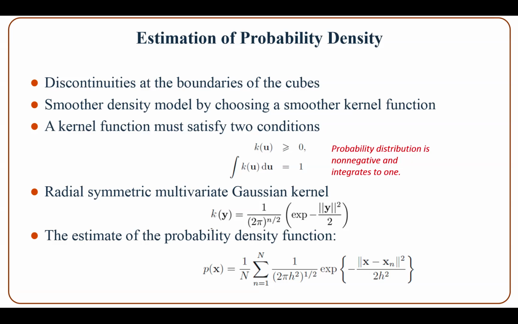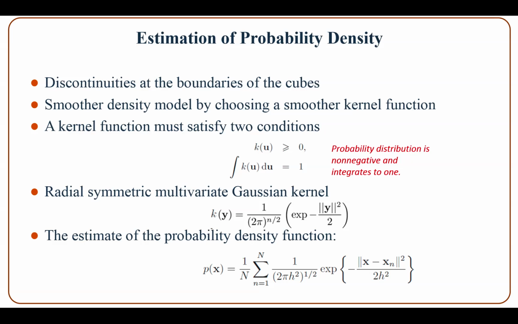The kernel density estimator suffers from discontinuities at the boundaries of the cubes. We can get a smoother density by choosing a smoother kernel function. The kernel function must satisfy the two conditions as given.